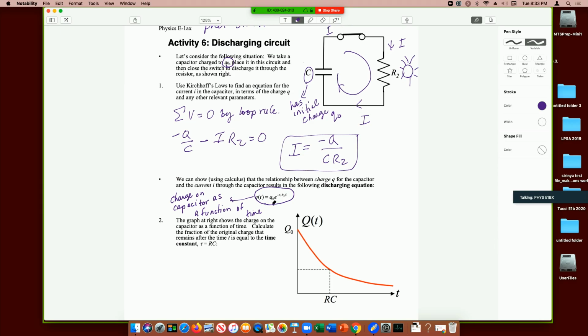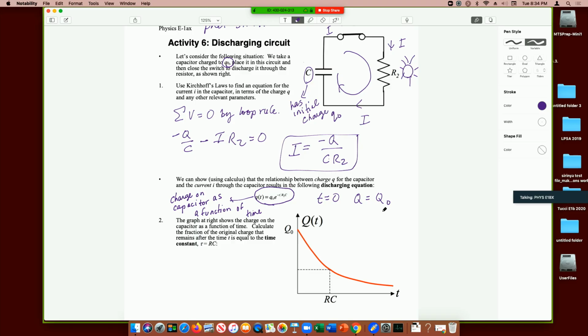And when we discharge it, I could figure out how much charge I have at any one point in time by substituting time into this equation, right? So at t equals 0, how much charge do I have?